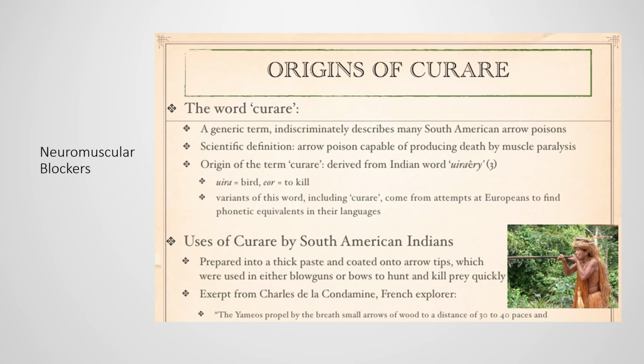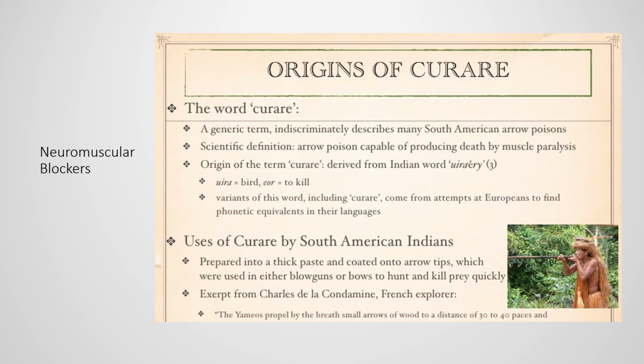Okay, so we're off of the autonomic nervous system for now. We're going to go back to the neuromuscular junction. And we were there with myasthenia gravis, talking about the receptors that were destroyed by this autoimmune disease.